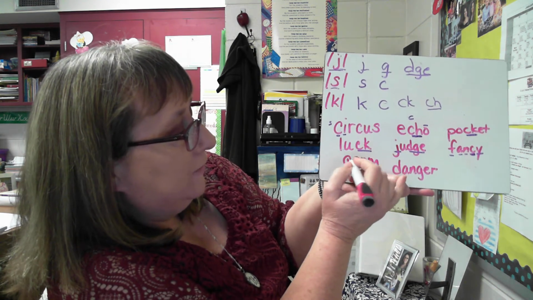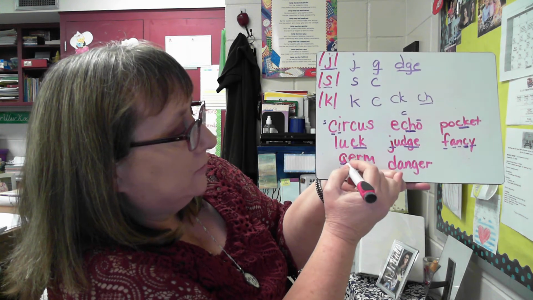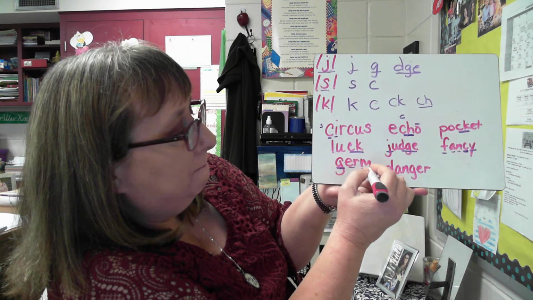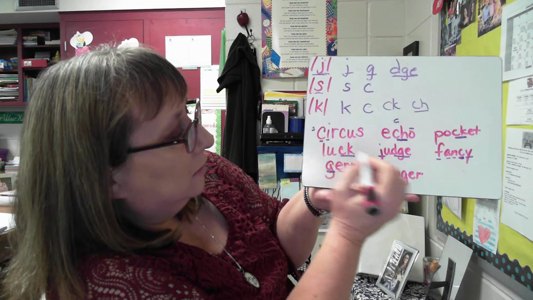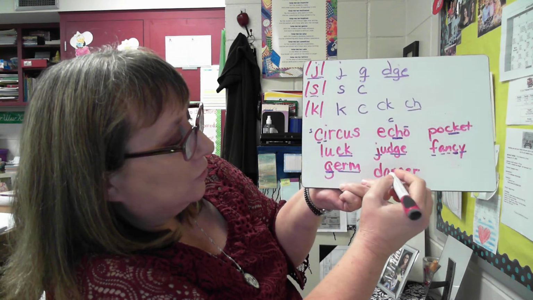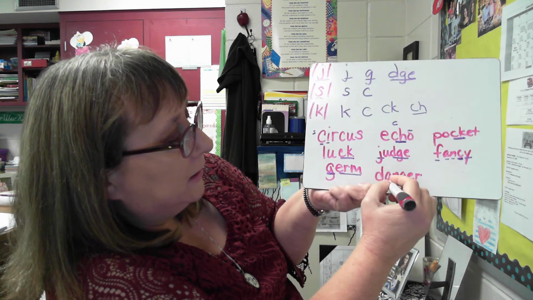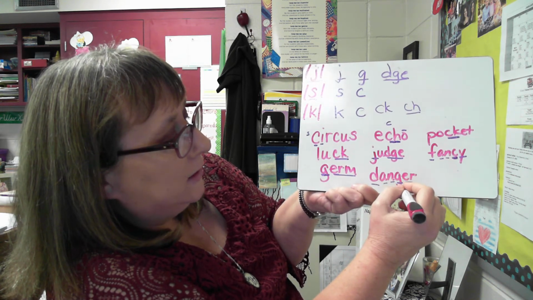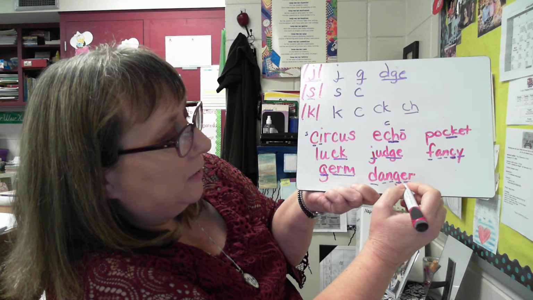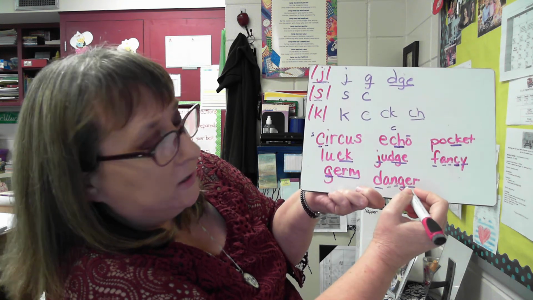Again, you have the E that follows it, so this is a J sound. Germ. All right, the next word is danger. Danger. And our J sound is followed by a what? It's represented by a G.